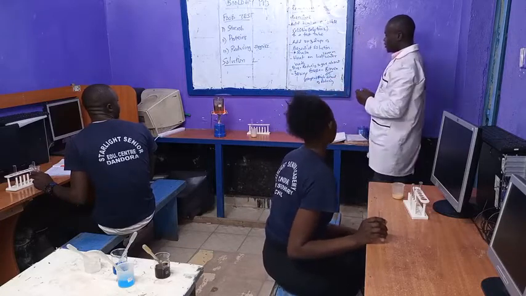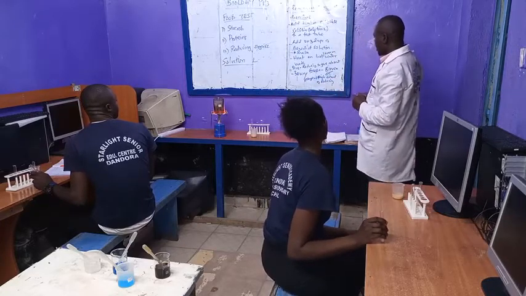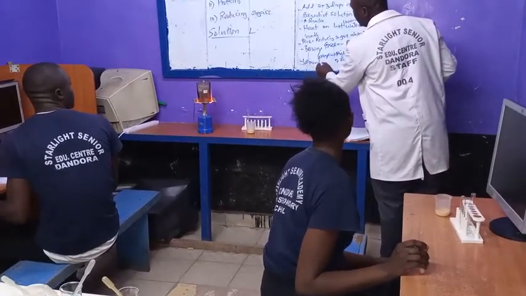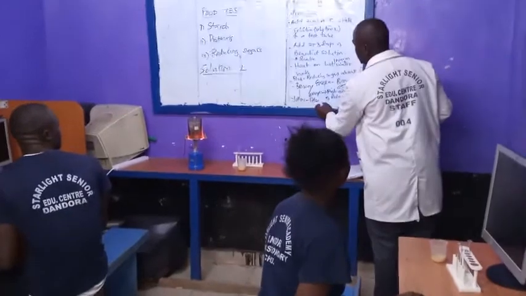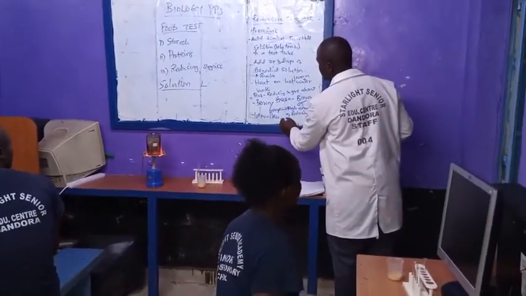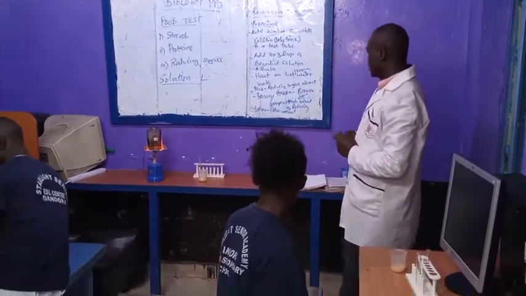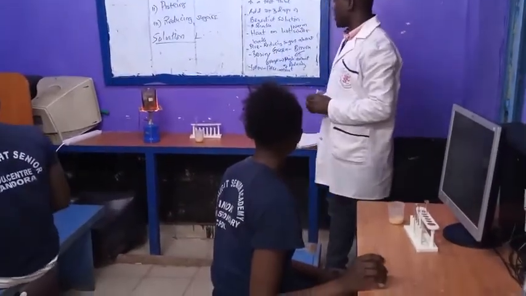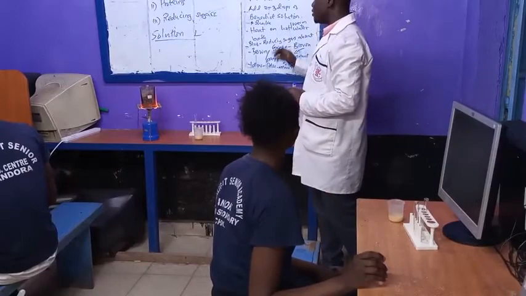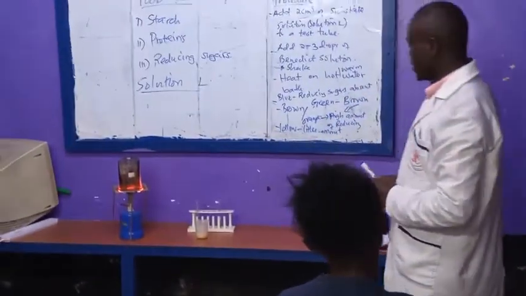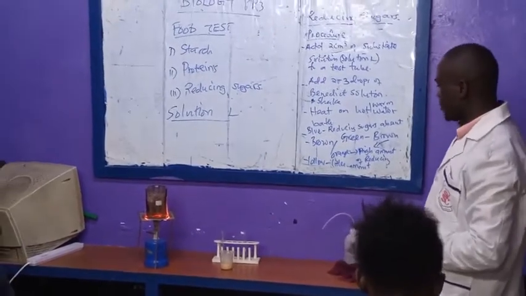If we had observed a yellow color, then we'll be talking about little amounts of reducing sugars. But when the blue color persists, then we say that reducing sugars are absent.